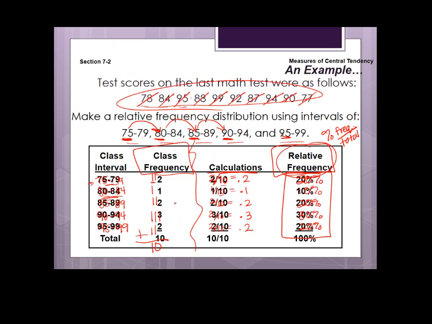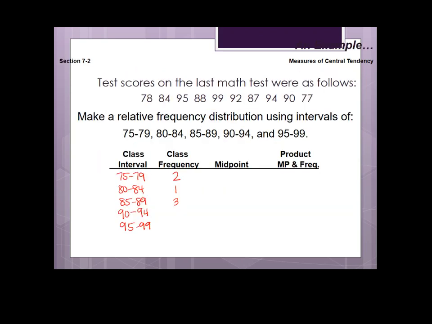Let's double check this again. 2, 1, 2, 3, 2. 2, 1, 2, 3, 2. Okay, so now let's say I want to find the average.